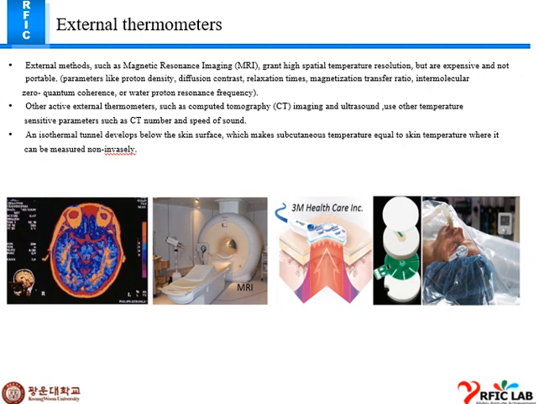Another external thermometer is CT, computed tomography imaging, and ultrasound uses other temperature sensitive parameters such as CT number and speed of sound. An isothermal tunnel develops below the skin, which makes the subcutaneous temperature equal to skin temperature, where it can be measured non-invasively.